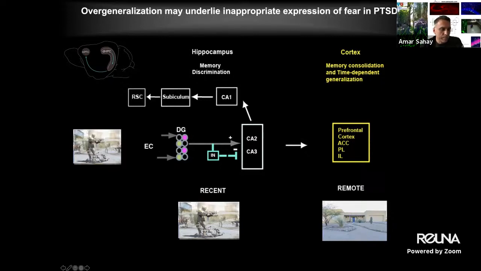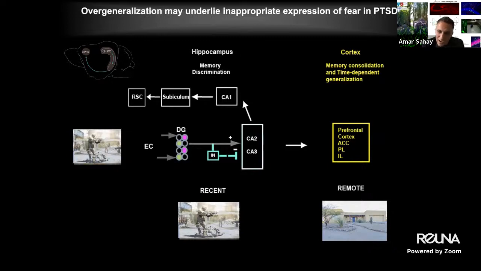So for example, an experience in combat, a veteran returns back to civilian life, and this loss of details of the episodic representation of these experiences into more gist-like structures may result in the expression of fear in neutral contexts.